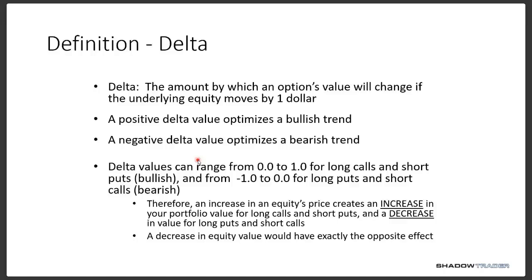I'll read the bottom part. Therefore, an increase in an equity's price creates an increase in the portfolio value for long calls. Long calls are always positive delta. Short puts are also always positive delta.